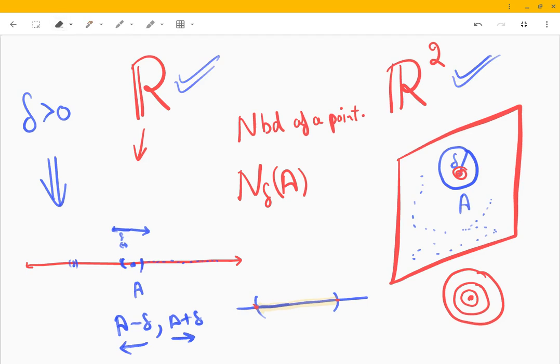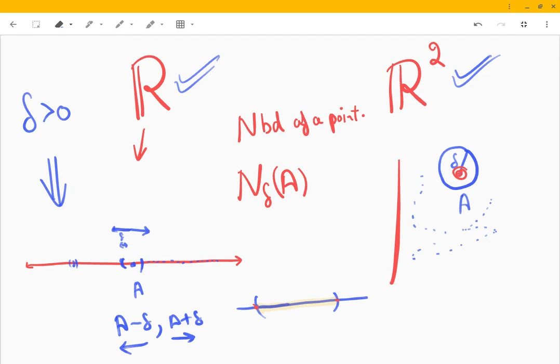So our delta neighborhood will be smaller than this, even smaller than what I have made. Infinitesimally small, extremely small disk around this point. Okay, so that is the delta neighborhood of A in 2 dimensions, right? In 3 dimensions, it's a spherical ball. But let's keep it out of our context as of now.